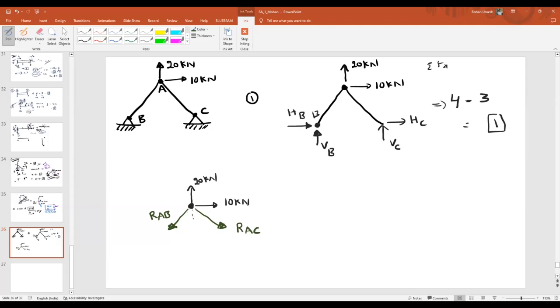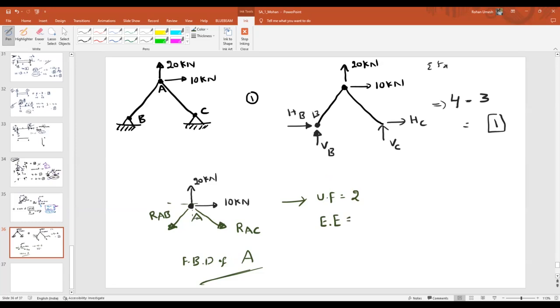Any doubt in the free body diagram of point A? Now tell me, how many unknown forces are there? Two, right? So here we are taking equilibrium of a point. If you are taking equilibrium of a point, how many equilibrium equations do we have to consider?